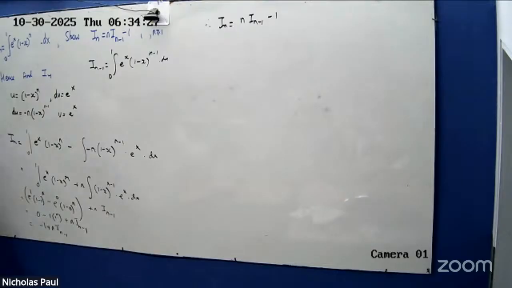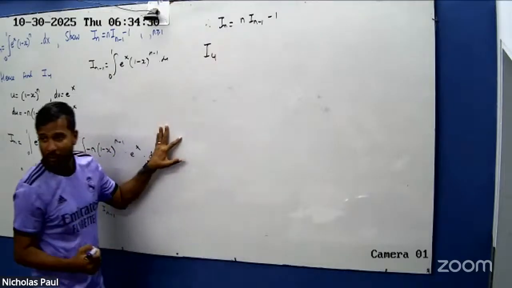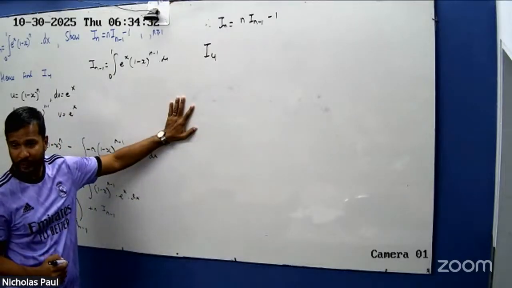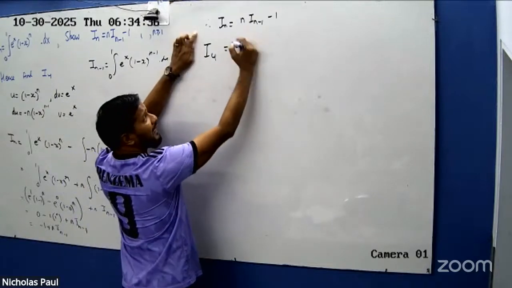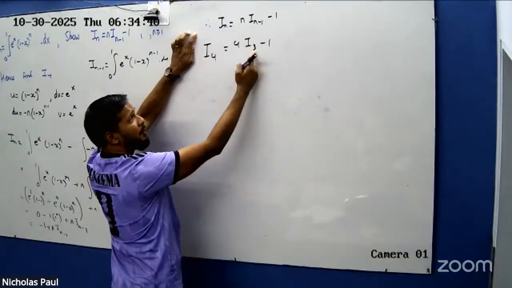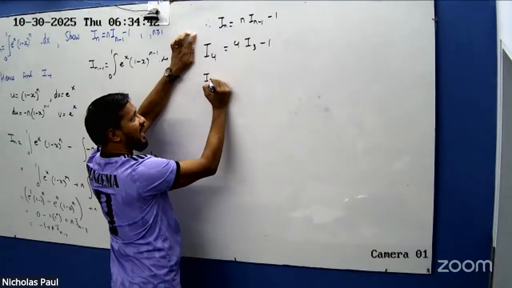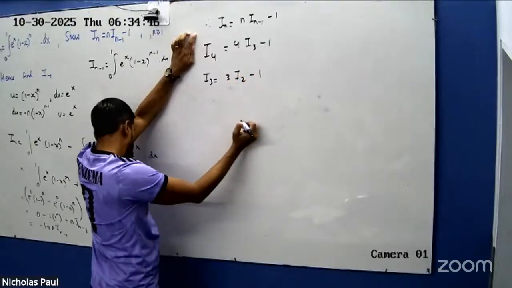All right, now they want I4. How do I get I4 now? To get I4, n is 4, so I'll get that. I can't stop there because this has I3 in it, so I have to get I3. I3 will be 3 I2 minus 1.